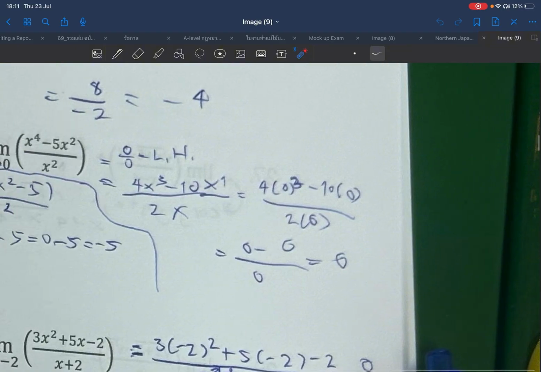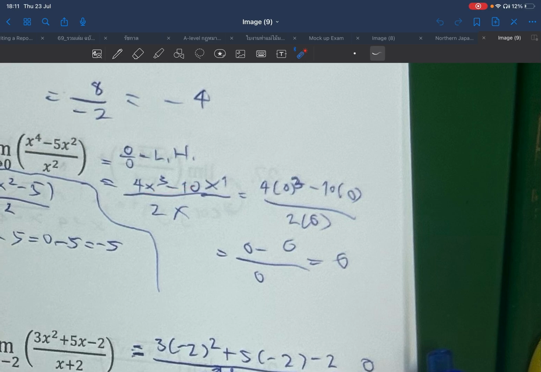And the L'Hôpital's rule, we should differentiate the numerator, 4x³ - 10x, over 2x. Factoring out x, like all of these, will give us 4.